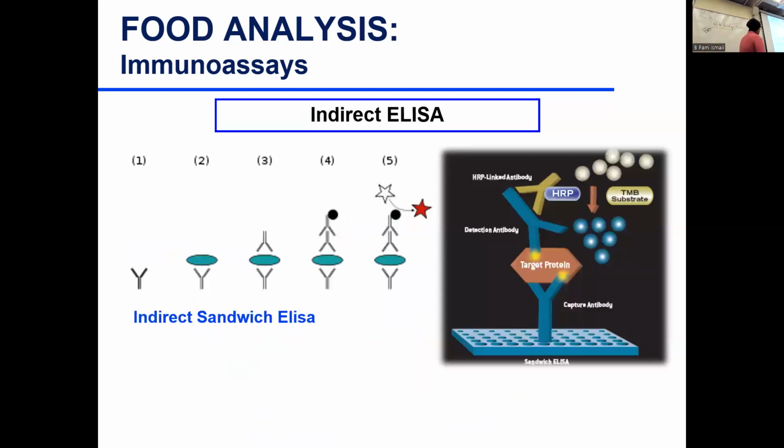This is showing you the indirect ELISA. So again, same principle, you have your antibodies, you have the antigen. You can, let's say it is soy protein in human. We did this research before. We had human sera. We put the human sera of the antibody, you get the antigen. We have another layer of human sera with antibody specific to the antigen. You see, they bind at different epitopes. They're polyclonal.